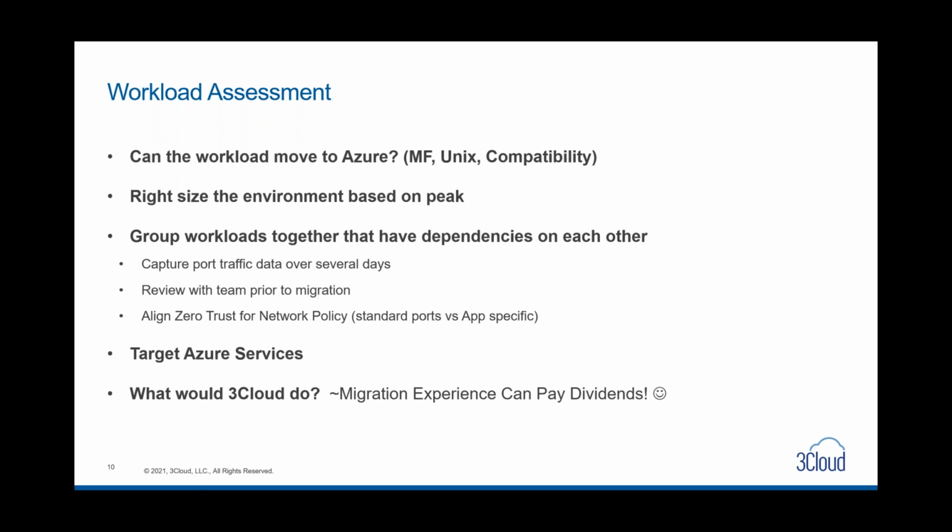But if we are transforming or we're modernizing, we need to know where our landing is so that we can drive into this a little bit further and get into a deeper analysis and maybe run tools like a DMA, which is a Database Migration Assessment, which is going to tell you where those blockers are for going to certain service types. One thing I also always like to say is what would 3Cloud do, right?